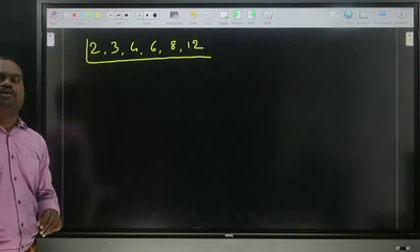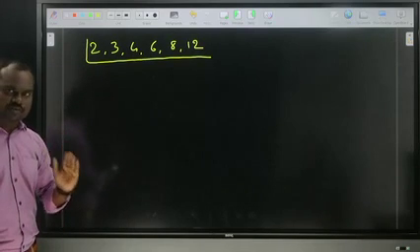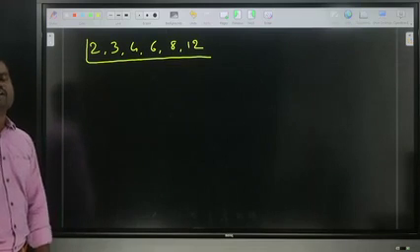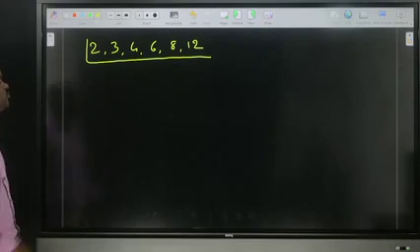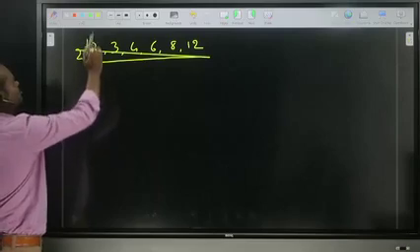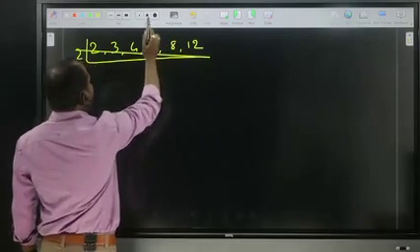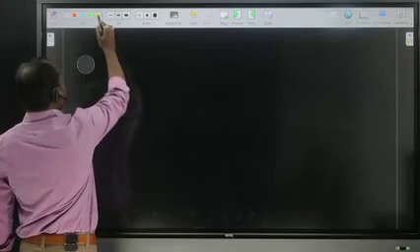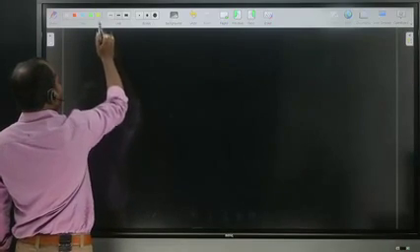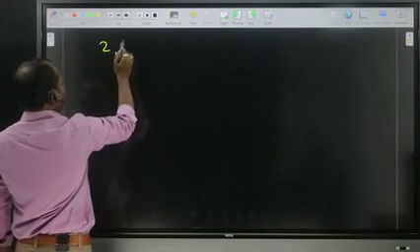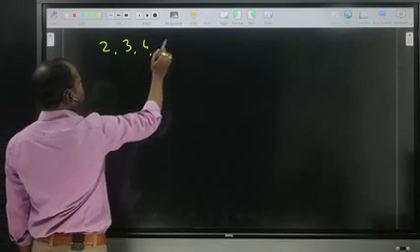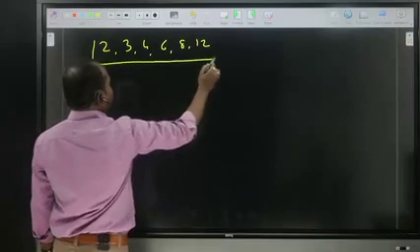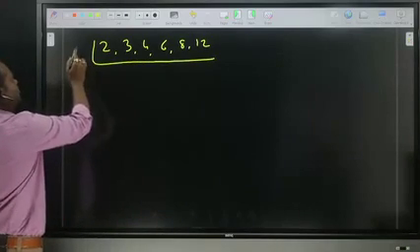What are the prime numbers? 2, 3, 5, 7, which are divisible only by 1 and itself. What is the first prime number? 2.